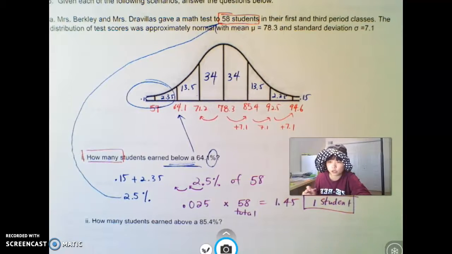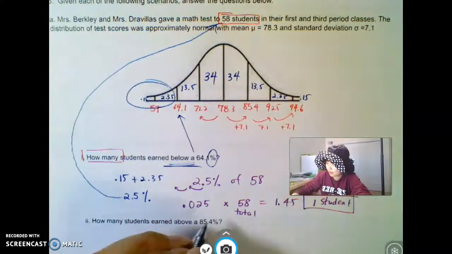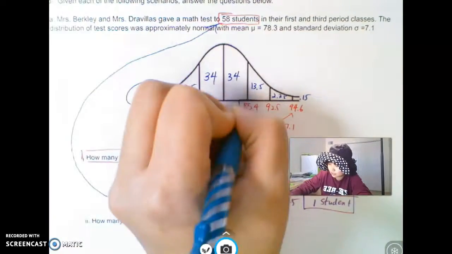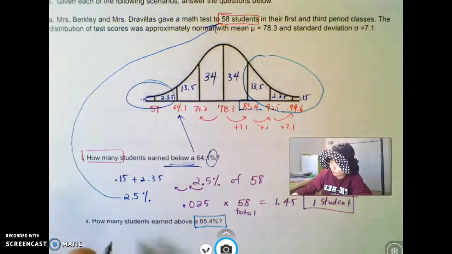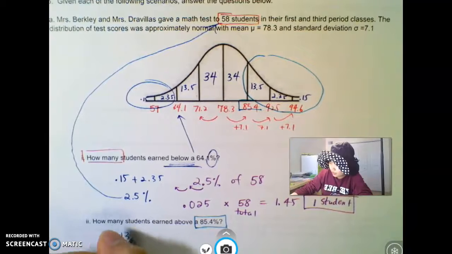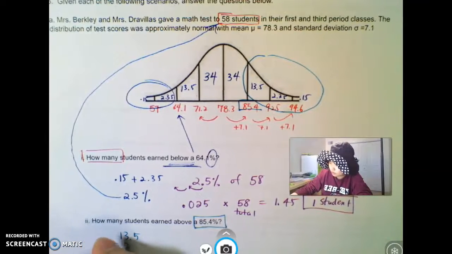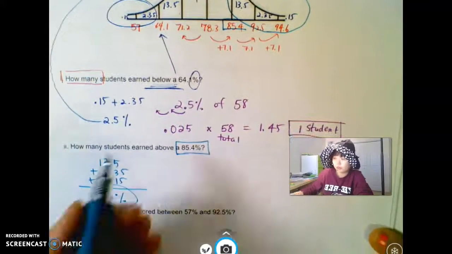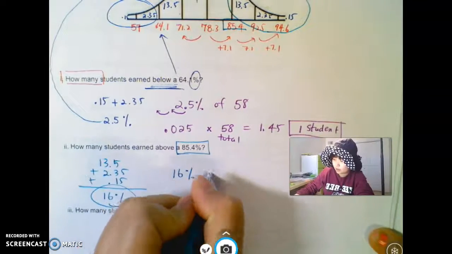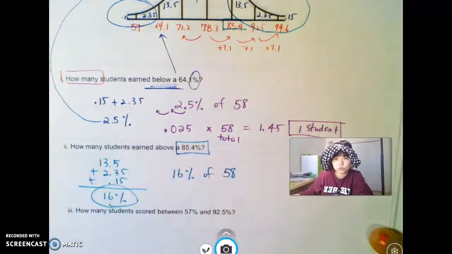How many students earned above 85.4%? Okay, 85.4, I see it. It's right there, so it's all of these. How many students got over 85.4%? That would be 13.5 plus 2.35 plus 0.15. You add them together, that's 16%. So we're talking about what is 16% of 58 total students.